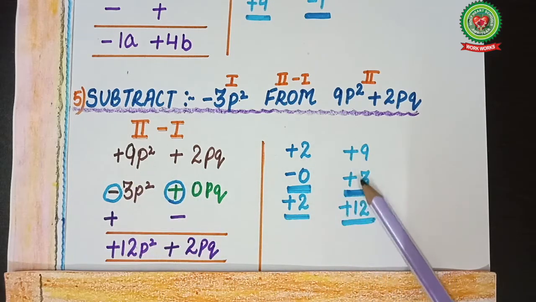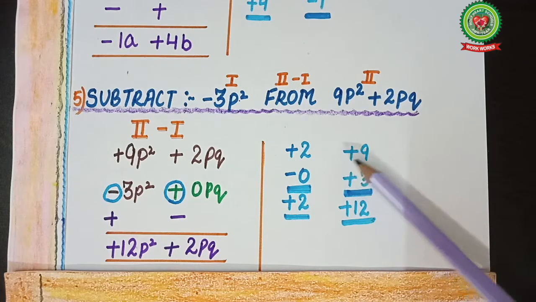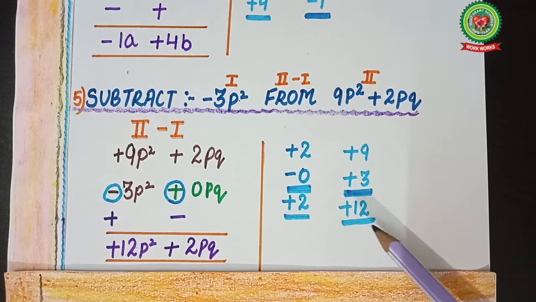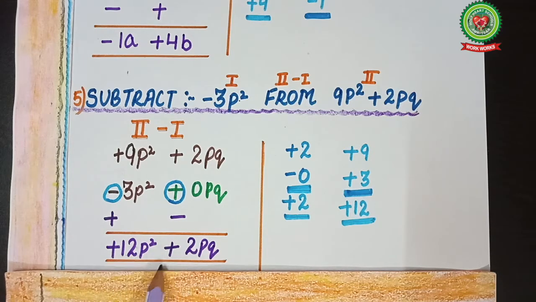So again you will take the numerical coefficients, plus 9 plus 3, that is plus, add the numbers. So here it is plus 12, right? Plus 9 plus 3, that is plus 12. So here you go. Your answer for these expressions is plus 12p square plus 2pq, right?